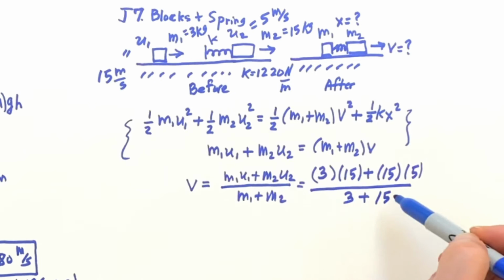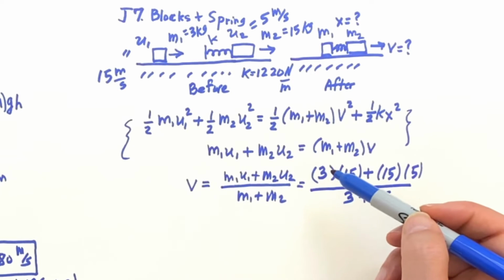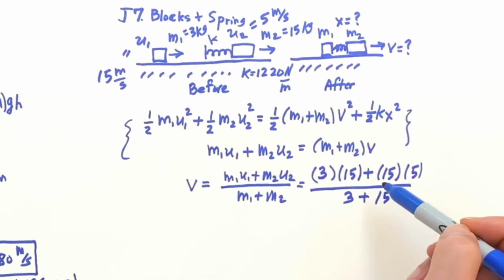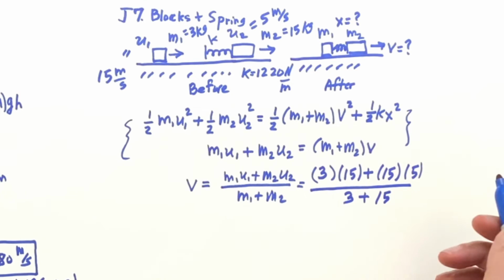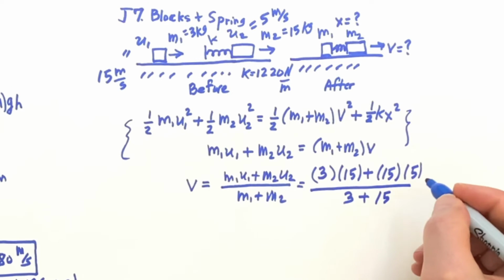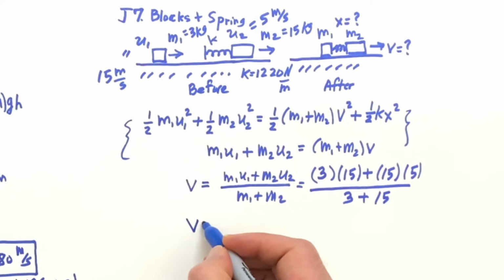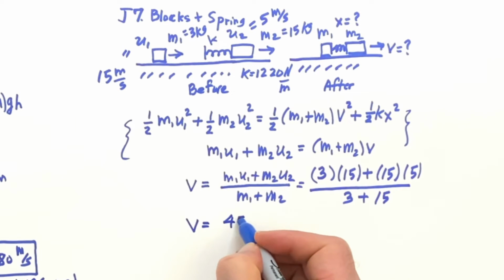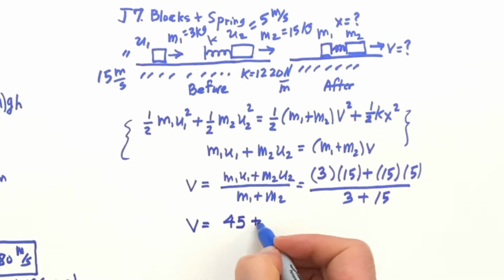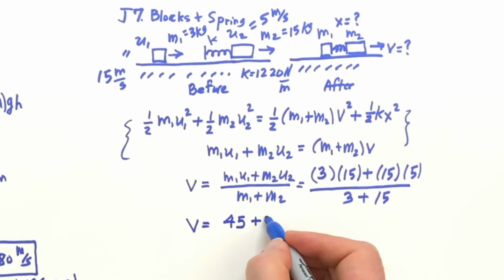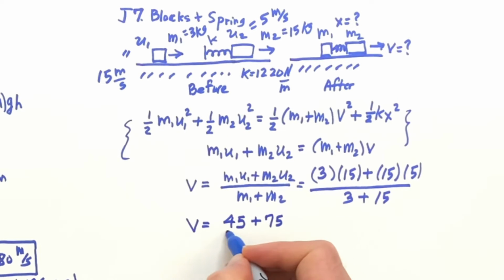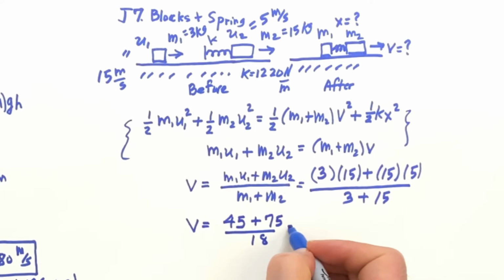And just look at the units here. I have kilograms in all places, so that's going to cancel. And then I have the u's in meters per second, so I'm good. This is going to be fine. And if we look at this, we find that the velocity is 3 times 15 is 45, 15 times 5 is 75, over 18.